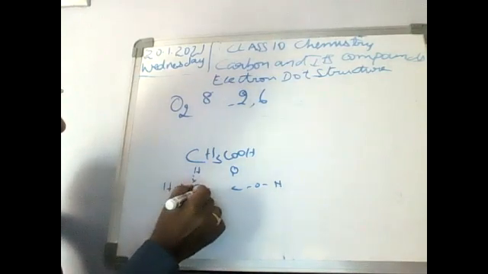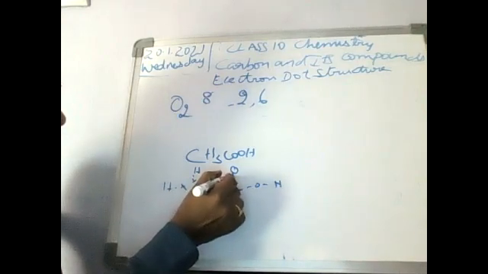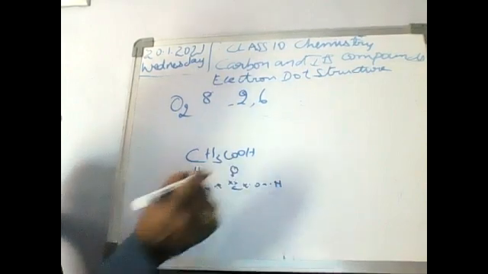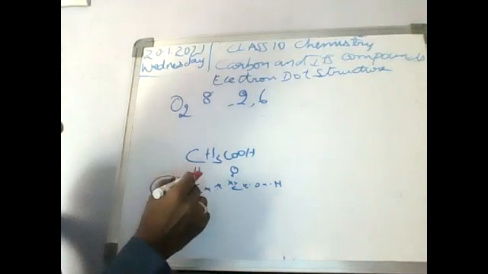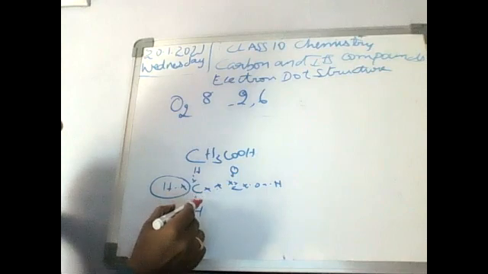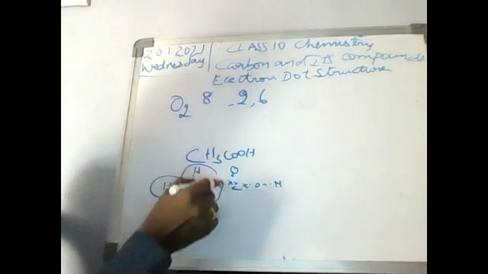Here cross, cross; here one cross, one dot; here one dot, one dot. Now you can satisfy the valency of hydrogen. For carbon, count 1, 2, 3, 4, 5, 6, 7, 8. It needs 8 in total.